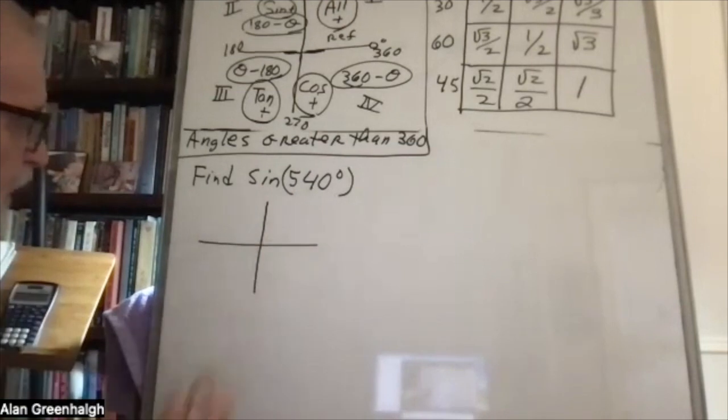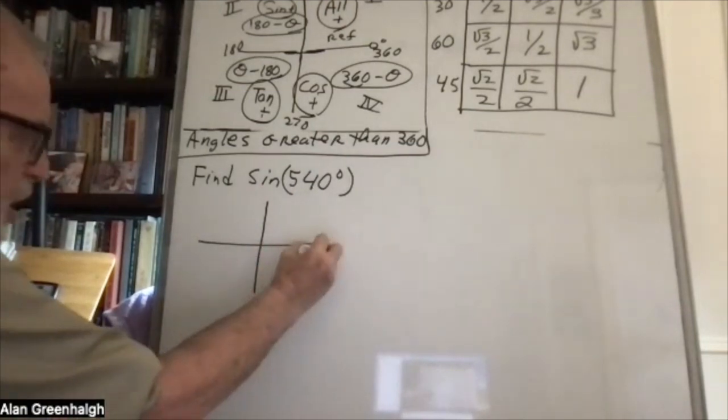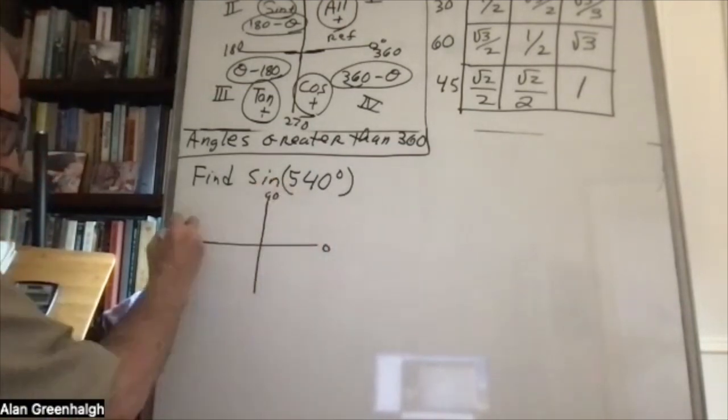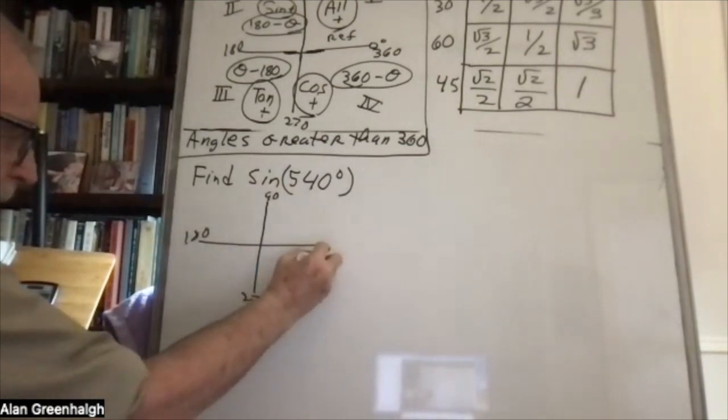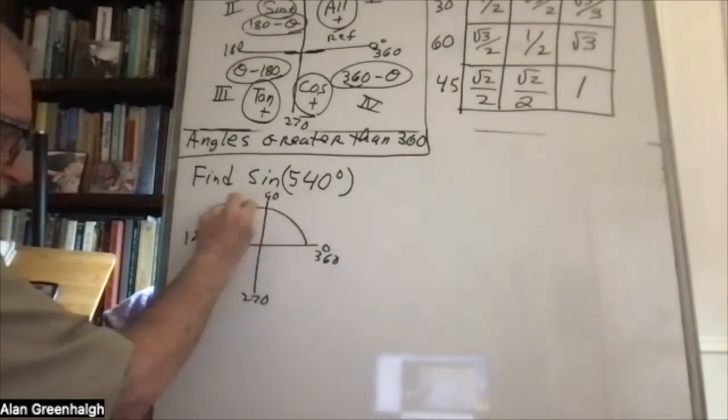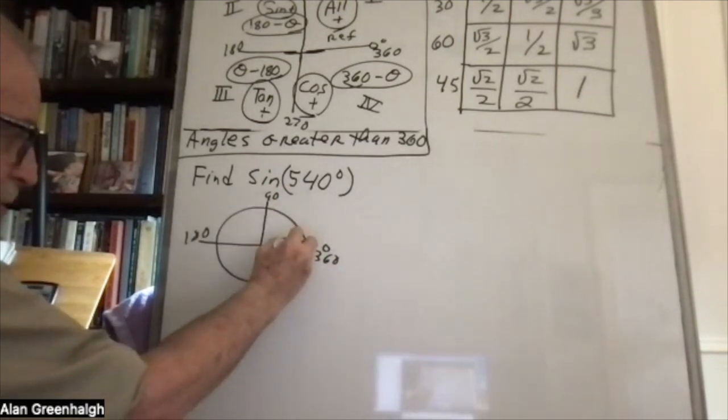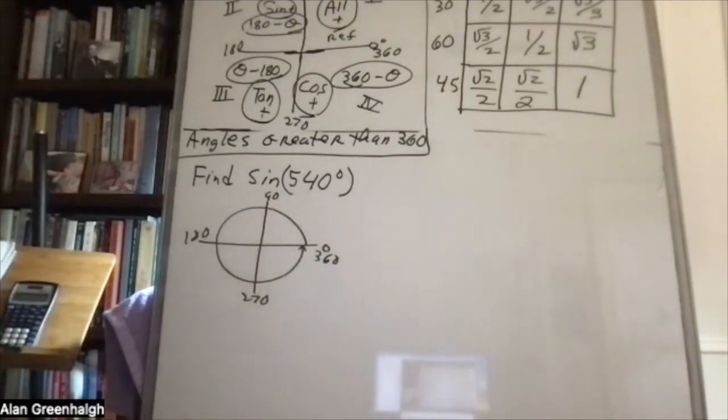It's an angle of 540. So we already know that it's going to go like this, but that's only 360. How do we get the other part?